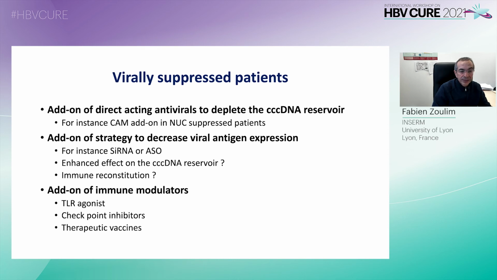There are obviously strategies in these virally controlled patients to add on immune modulators, TLR agonists, checkpoint inhibitors, therapeutic vaccines, where patients would be in a more favorable inflammatory environment based on the viral control.